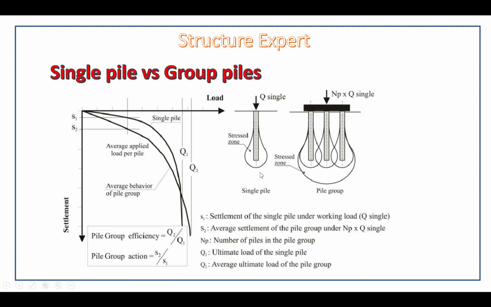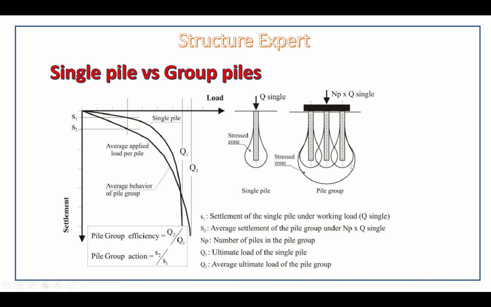Okay, you see here I just explain briefly the concept of single pile and group pile. For the calculation of bearing capacity of soil, it is very important to classify single pile and group pile, because you see here the stress zones overlap each other in the stress distribution on the soil.